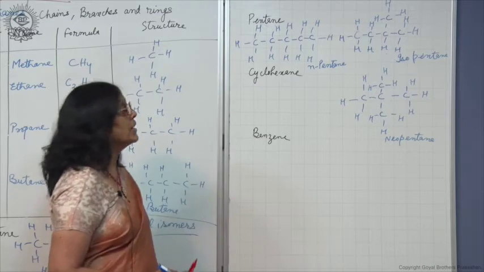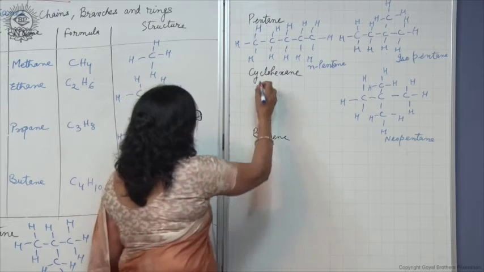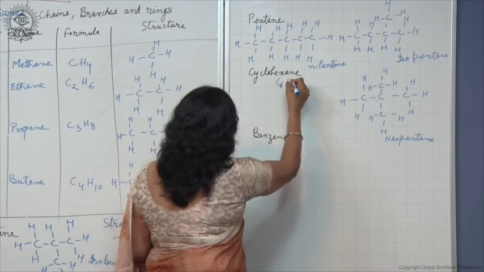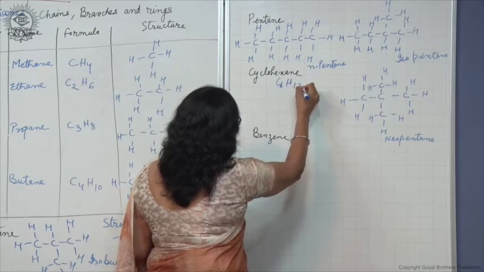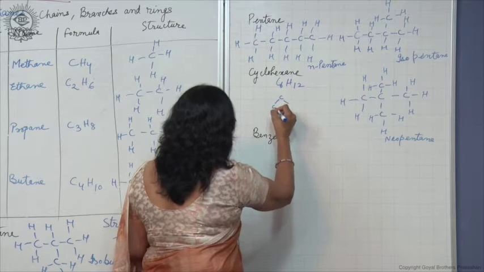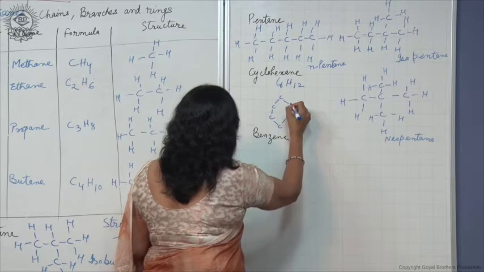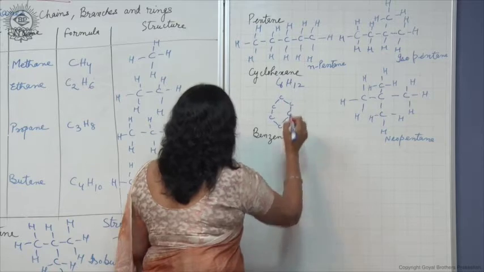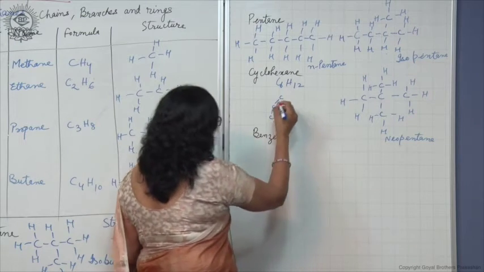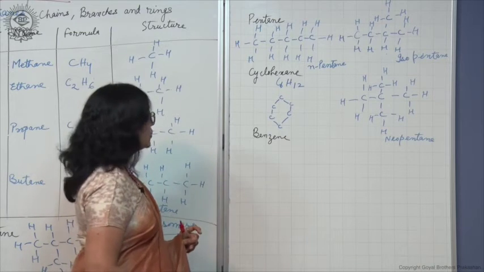Now, the ring type of compounds, in which the carbon atoms form a ring, like cyclohexane. So, here six carbon atoms, and so in each, you can see now in the ring 2 valencies of each carbon atom are satisfied.